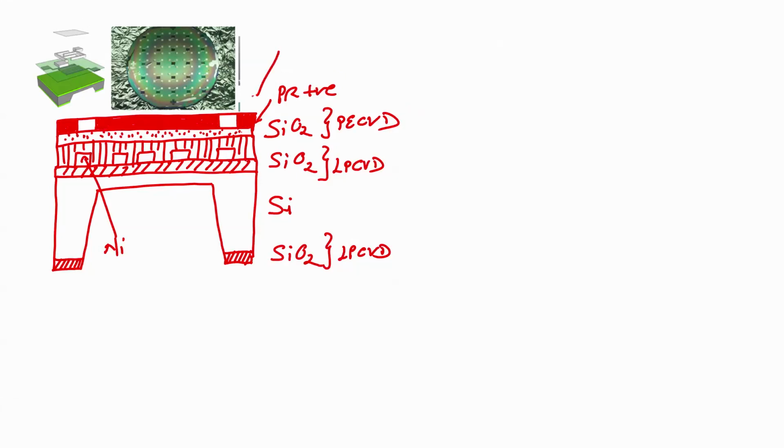So, what is this mask? This mask is a dark field mask. After loading the dark field mask, next step would be expose, right, expose the wafer with UV light.